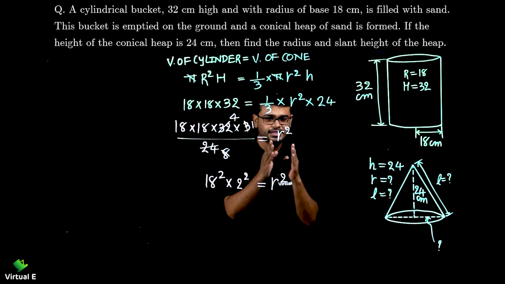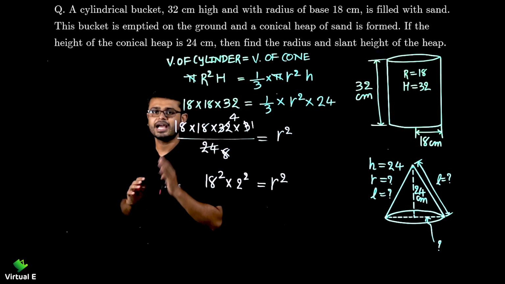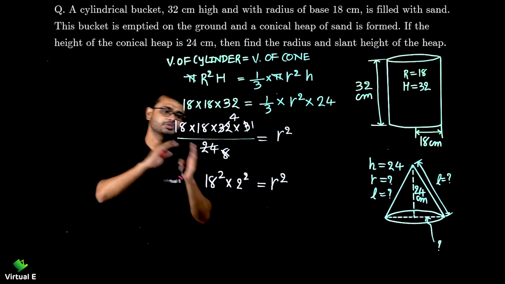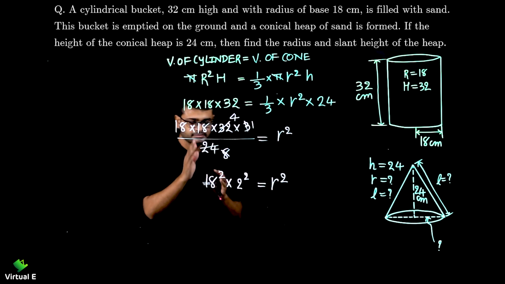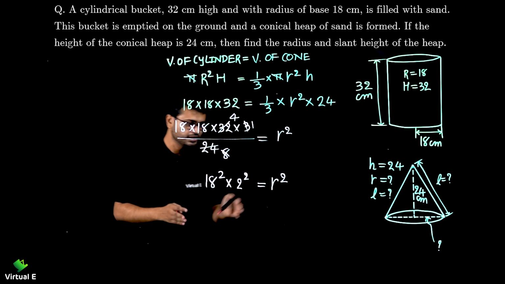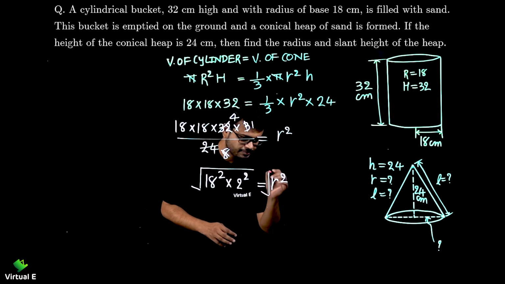See, this radius is in the form of a square, so to get the value of the radius, I need to take the square root. Now if I multiply and then take the square root, I get a very big number and then I get confused. Rather than that, keep these numbers as small numbers, in the form of factors. Now if I need to take the square root, this is way simpler for me, right?